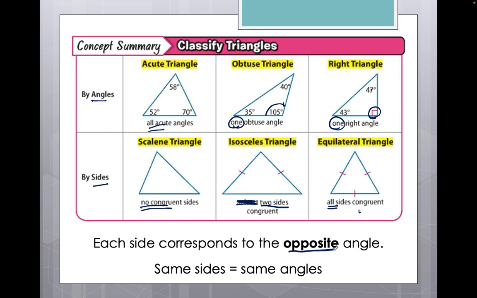If the sides are the same, then the angles that are opposite of them are equal as well. For example, if a triangle has two equal sides, like this isosceles triangle, it's also going to have two equal angles. And those equal angles are the ones that are opposite of the sides.